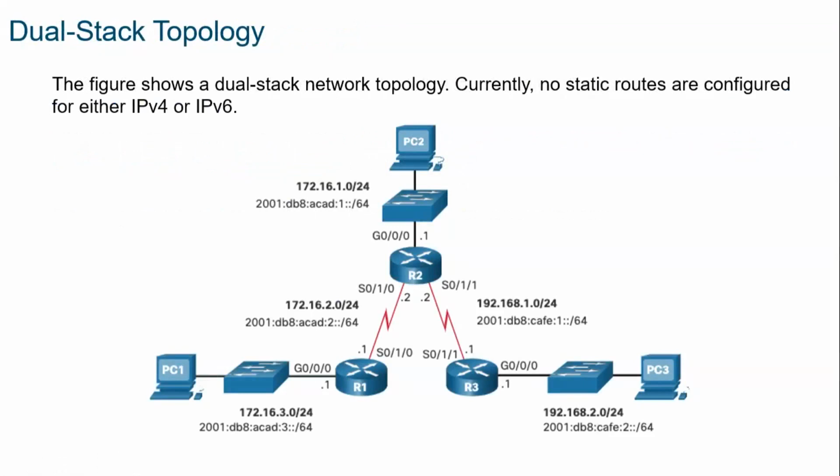So here we have 3 routers: router 1, router 2, router 3. Router 1 has 2 connections. Both are directly connected, one to its LAN, one to its WAN. R3 also has 2, one to the LAN and one to the WAN. And then R2 has 3: 1, 2, 3.